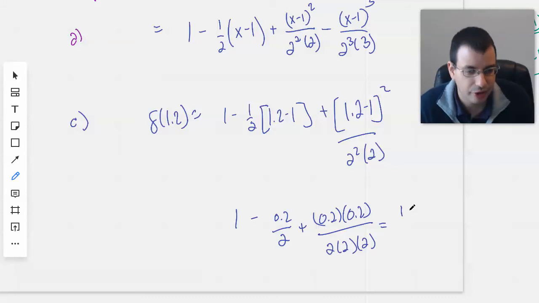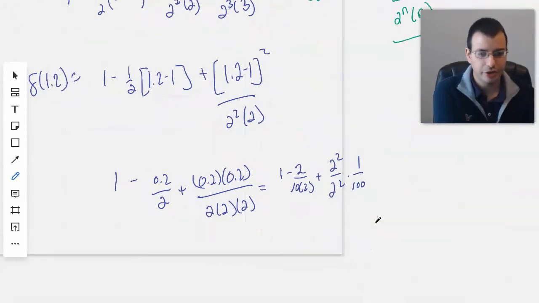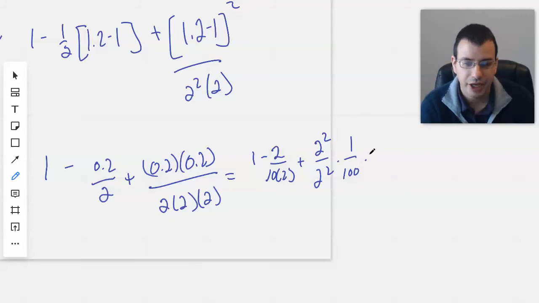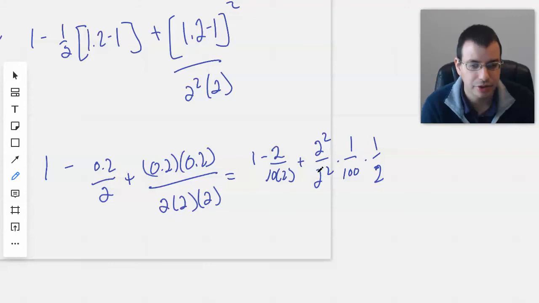Simplifying a little bit, we have 1 minus 2 over 10 times 1 over 2 plus 2 squared over 10 squared, which is 1 over 100, times 1 over 2. When I write things this way, it makes it easy to cancel. 1 minus 1/10.